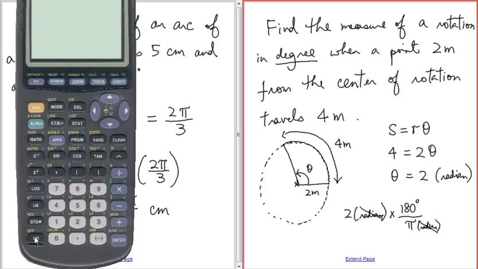So we can check it out in our calculator, right? We have 2 multiply 180 degree divided by pi. So we press the second caret, enter. So that becomes 114.591559. So how many decimal places do you want to give? Let's say if I want to give 1 decimal place, so what would be the answer? 114.6. If I want to give 2 decimal places, so what would that be?